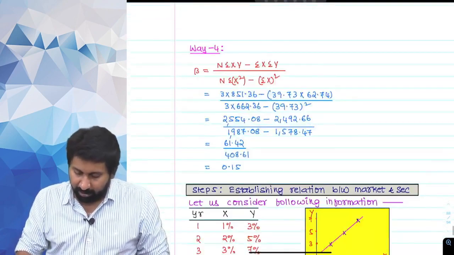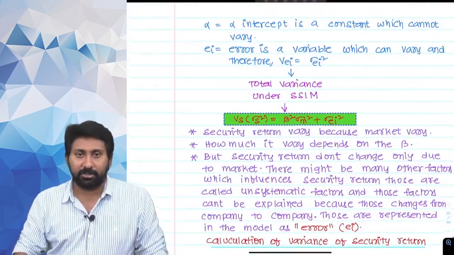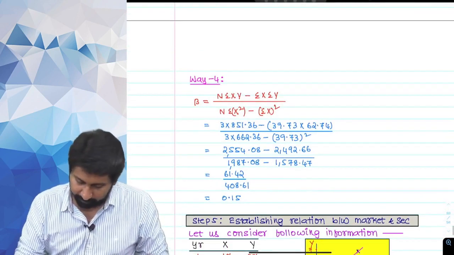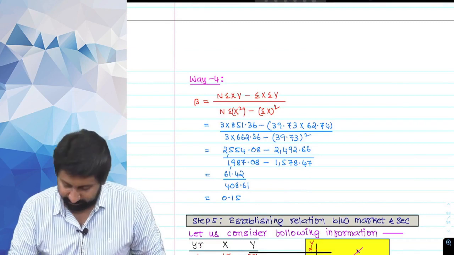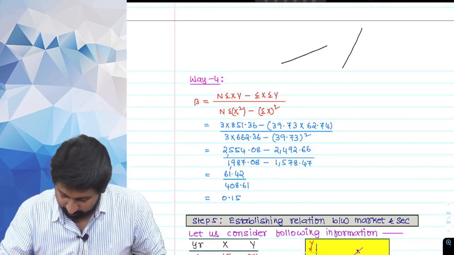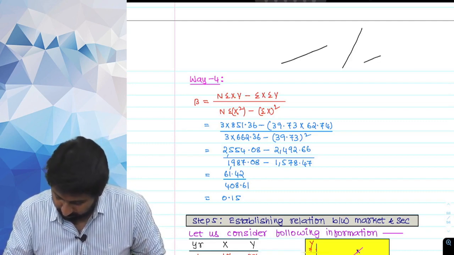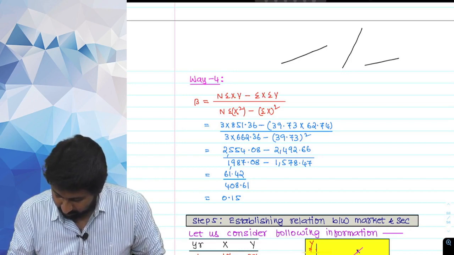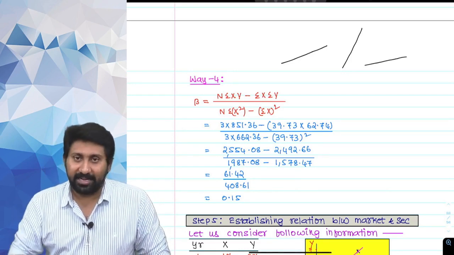Even before we do this, I will give you one example just to make you understand. See here. I will draw lines. Now see here, I have drawn 3 lines.